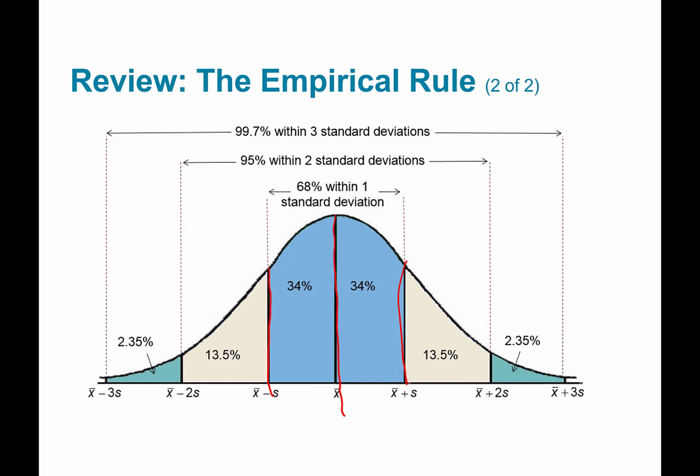Similarly, you've got 95% within 2 standard deviations, and then remember, we can take away that 34%, so divide it in 2, take away the 34% to get 13.5% within 1 and 2 standard deviations, either above or below the mean. And similarly, do something similar to get the 2.35% within the 2 and 3 standard deviations. And combining those, you get the 99.7%, all within 3 standard deviations of the mean. So this should be a review for you.